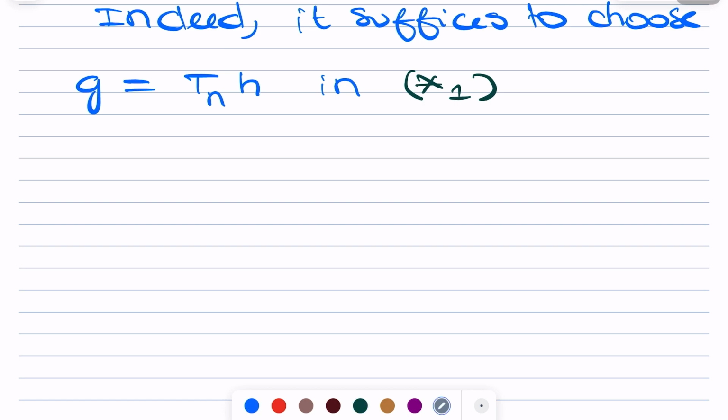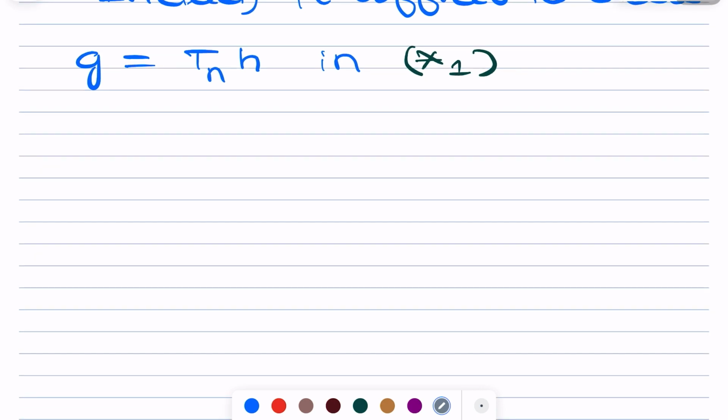Remember, star 1 was phi comma chi n g is equal to the integral of u chi n g.